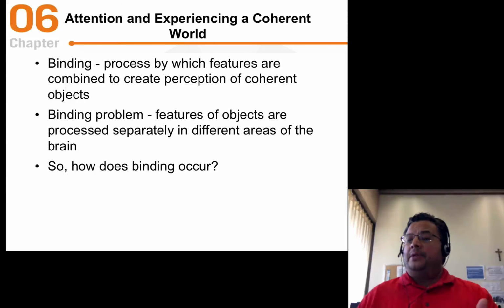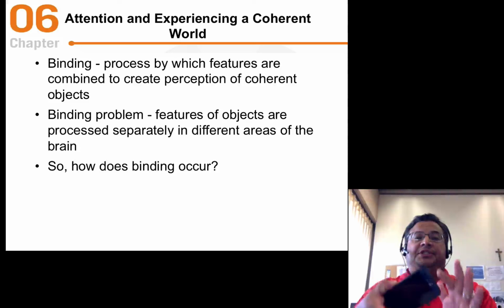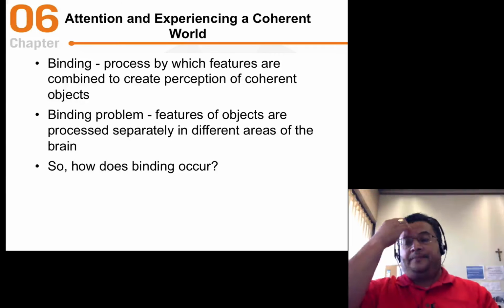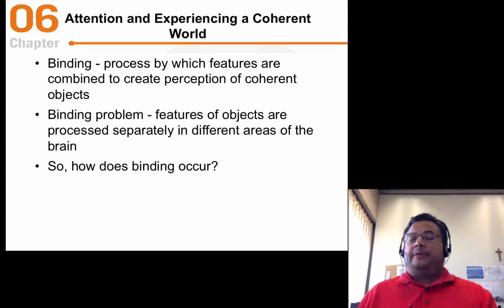Now, we already know that inside of our brains, as we've learned earlier, inside of our cortex, we have these feature detectors that detect things like edges and right angles and whatnot. So we know inside our brain that the objects that we see are broken up for analysis, so that we can understand what we're looking at.